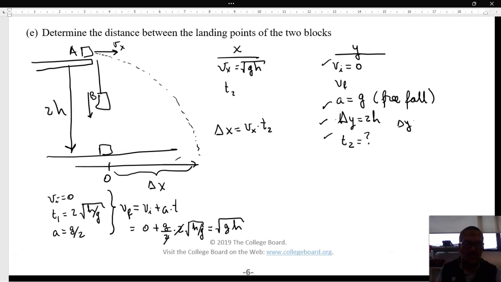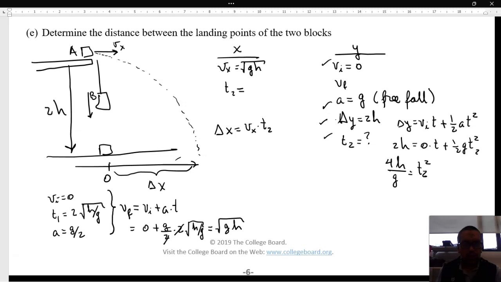So displacement is equal to initial velocity times time plus 1/2 acceleration times time squared. 2h is equal to 0 times t plus 1/2 g t2 squared. And so 4h over g is equal to t2 squared. Therefore, t2 is equal to 2 square root of h over g.